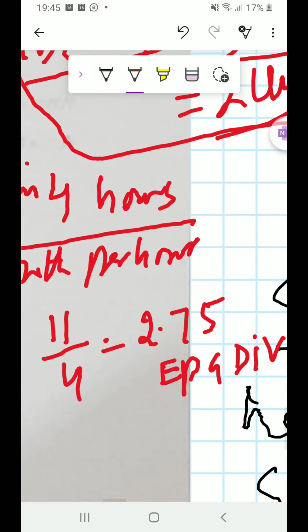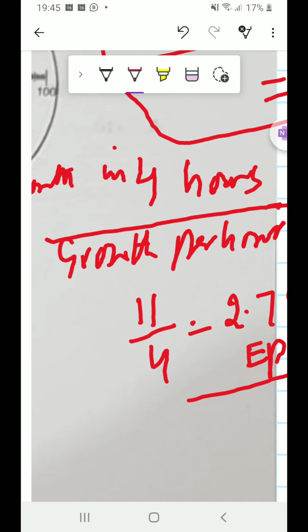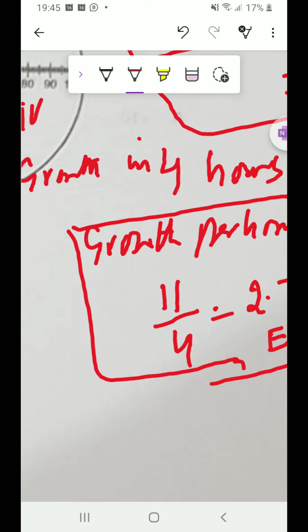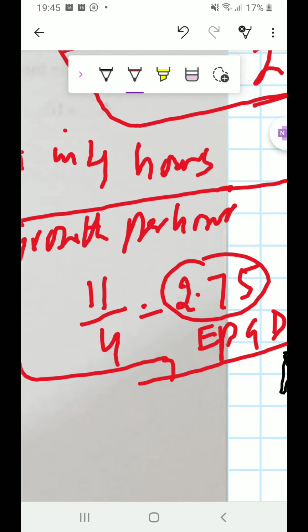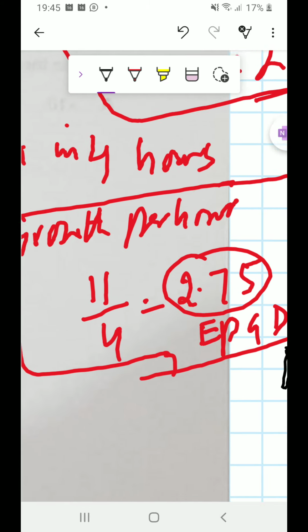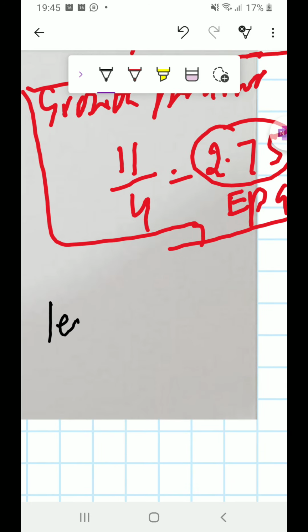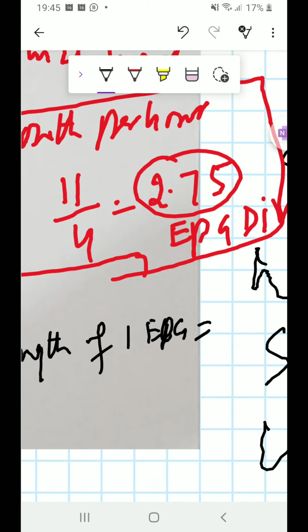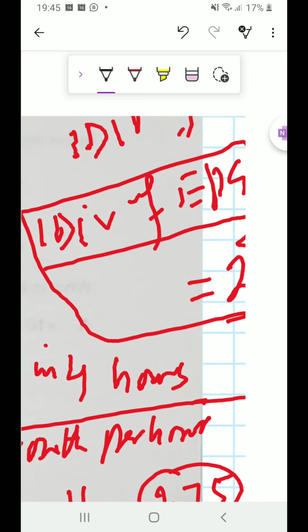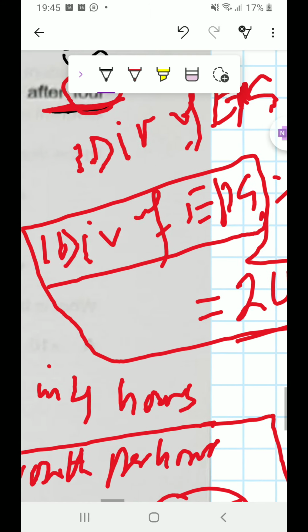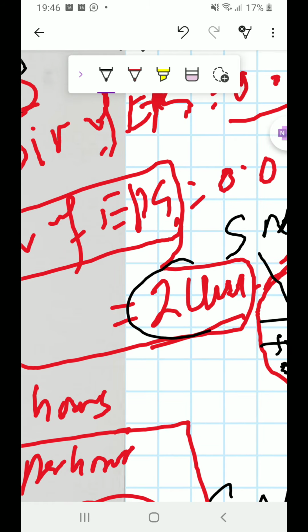Now what is the length of one EPG division? If we know the length of one EPG division, we will multiply it with this. The length of one EPG division that we have calibrated is equal to 2 micrometers.